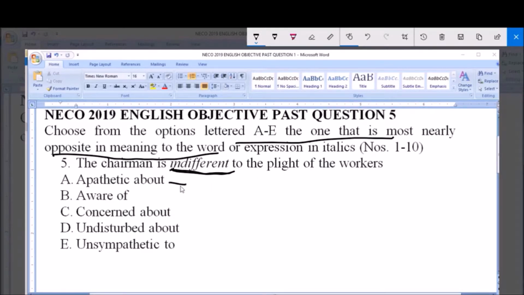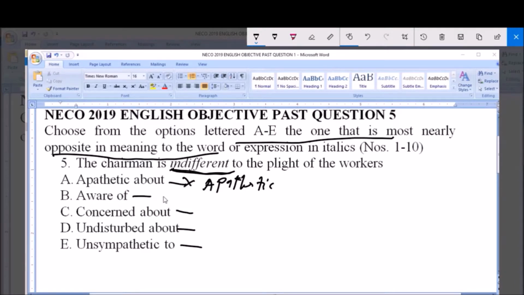Option A says apathetic about, B says aware of, C says concerned about, D says undisturbed about, E says unsympathetic to. Now, when we talk about indifferent, indifferent is the same as being apathetic, so it cannot be.